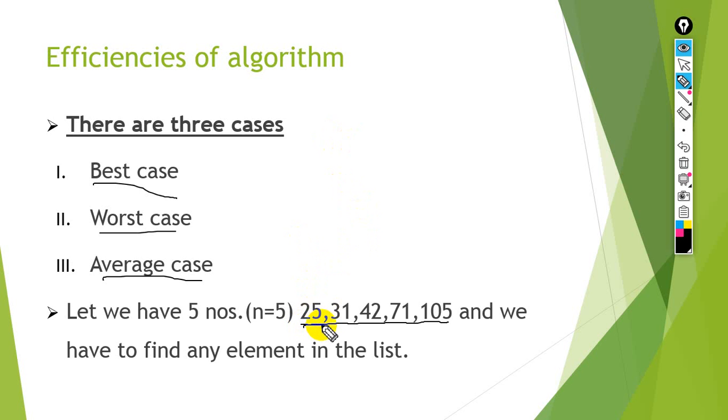So 25 is at the first position. Look at this: 25, 31, 42, 71, 105.